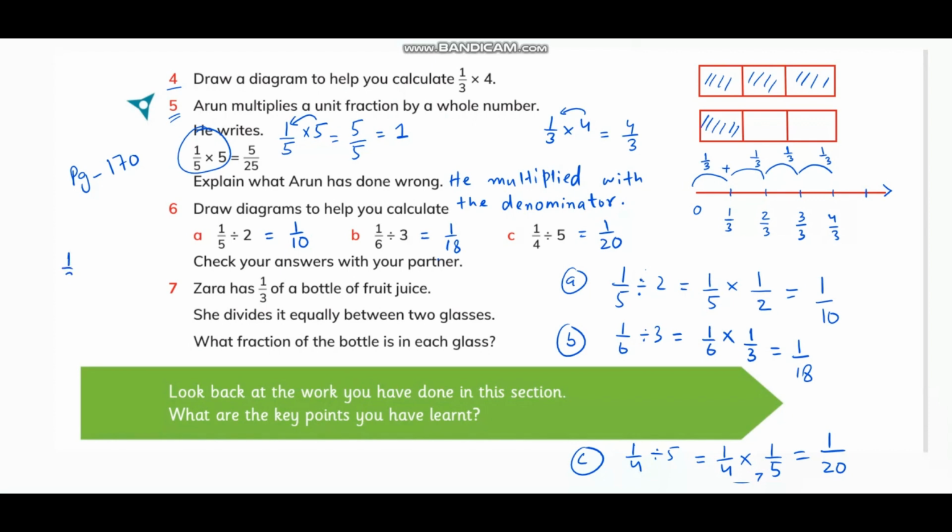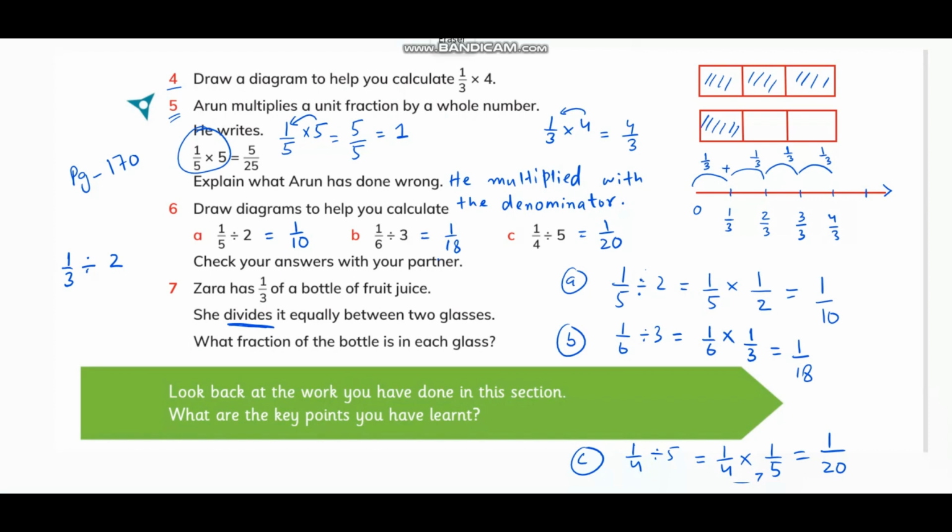Zara has 1 by 3. I wrote 1 by 3. She divides it equally. What is the sign of divide? I am going to write divide it equally between 2 glasses. What fraction of the bottle is in each glass?